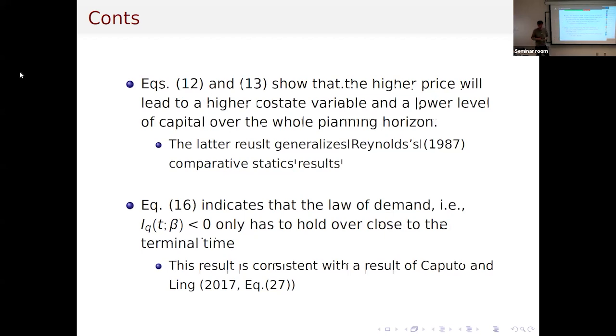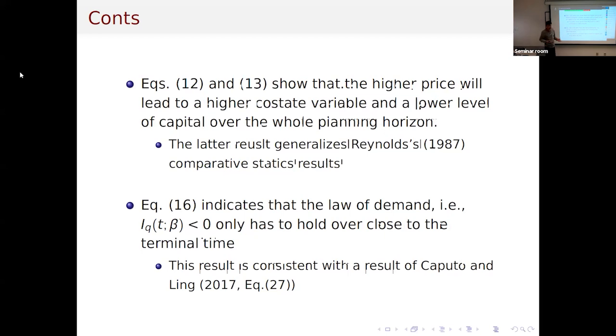So we extend his results in some sense. We also showed that the law of demand only has to hold close to the terminal time. But like I said, this does not imply that the law of demand must be violated before that. We just say we cannot prove this at this level of generality, right?